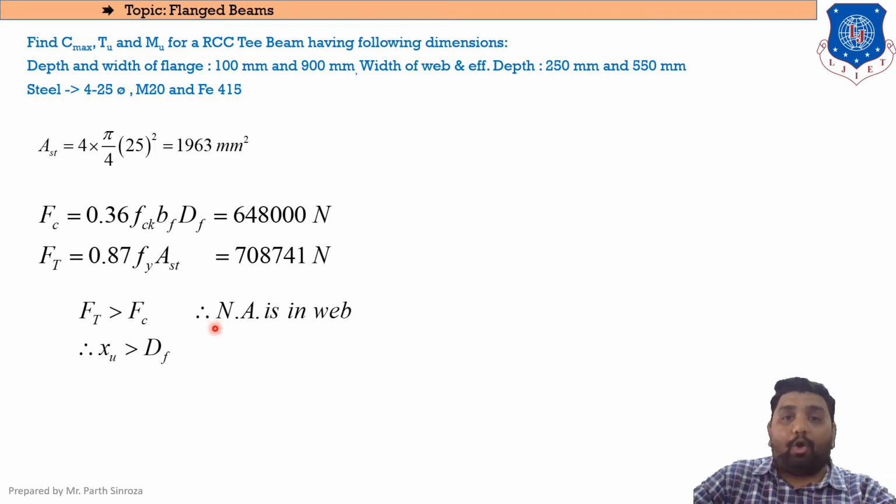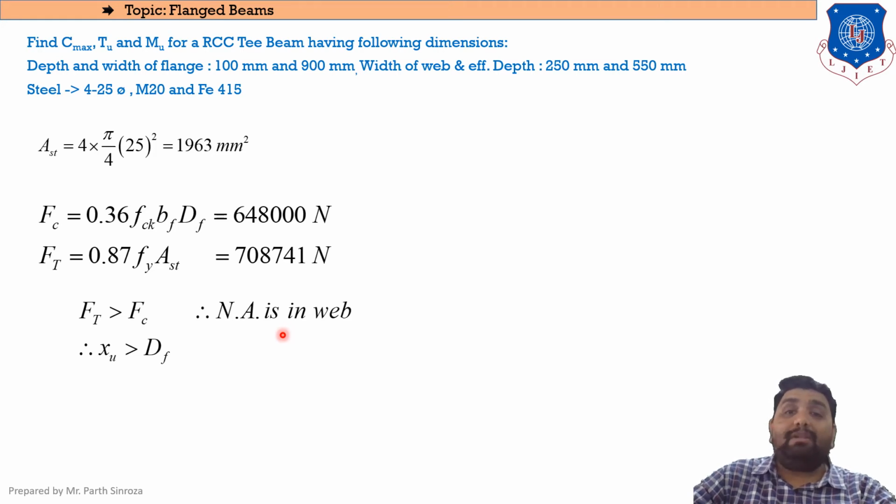And as we all know, the tension zone is in the web portion, so the neutral axis is in the web. We can easily say this, clear. And again, as the neutral axis is in the web, the depth of neutral axis will always be greater than the depth of flange. So XU greater than DF, this condition is automatically applicable if the neutral axis is in the web, clear.